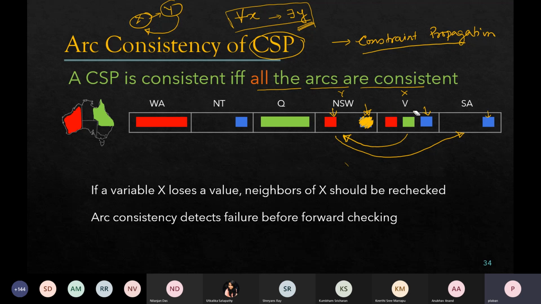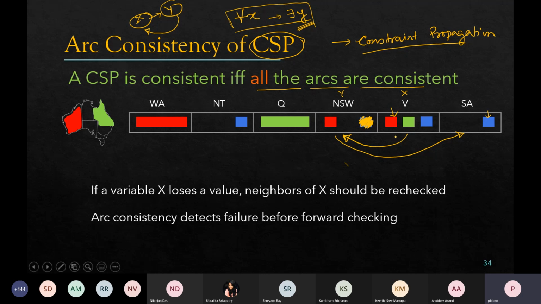Now we do not have blue here, right? Now let us check for red. If we select red for V, we do not have a satisfying assignment in NSW. So we do not have blue anymore. That means our V to NSW arc becomes inconsistent, right?